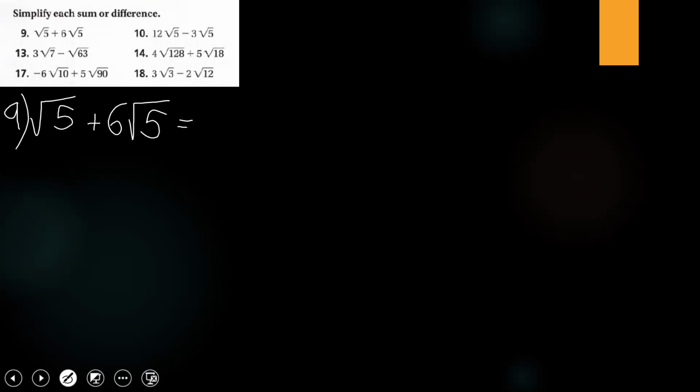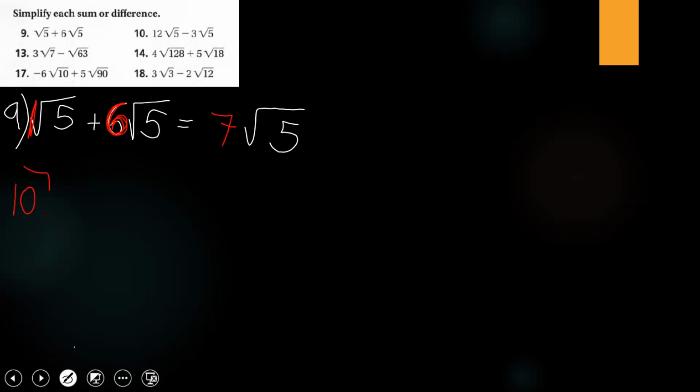Yes, they are the same. So we will choose one of them and then let's add. Here we have 1, which is hidden. 1 plus 6 is 7. So it is 7 square root of 5.